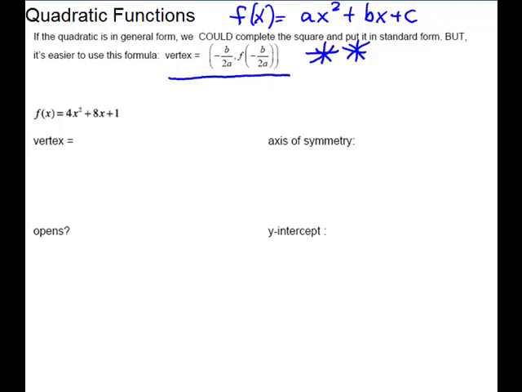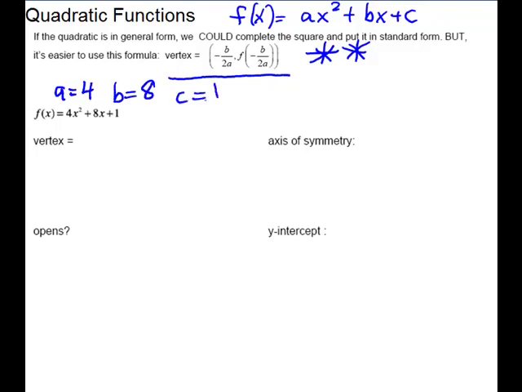All right, for this one, we are in general form. And so let's do the vertex with the formula. So our a is 4, b equals 8, c equals 1.